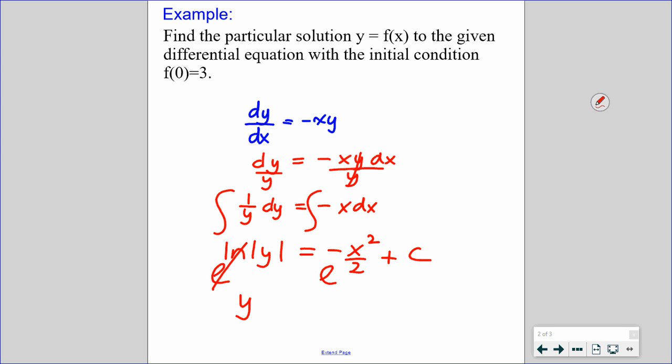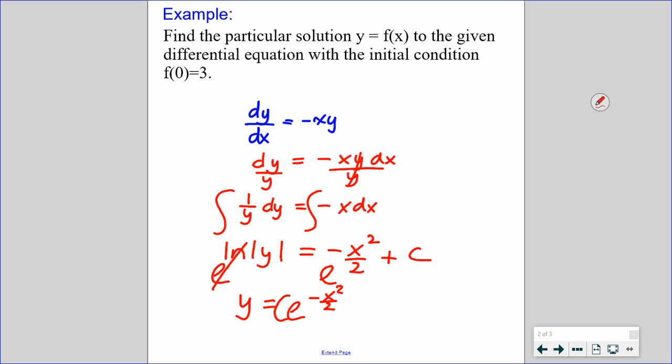The left side will just simplify to equal y. On the right side, we're going to have to break up our exponent. We can rewrite this as e to the negative x squared over 2 times e to the c. Remember, e to the c is still some unknown constant, so I'm just going to put it in front of the exponential expression.